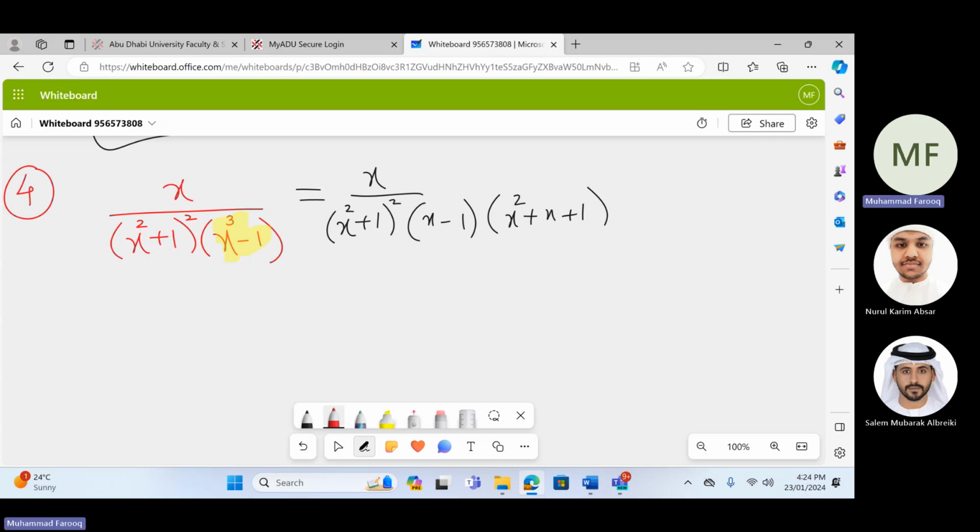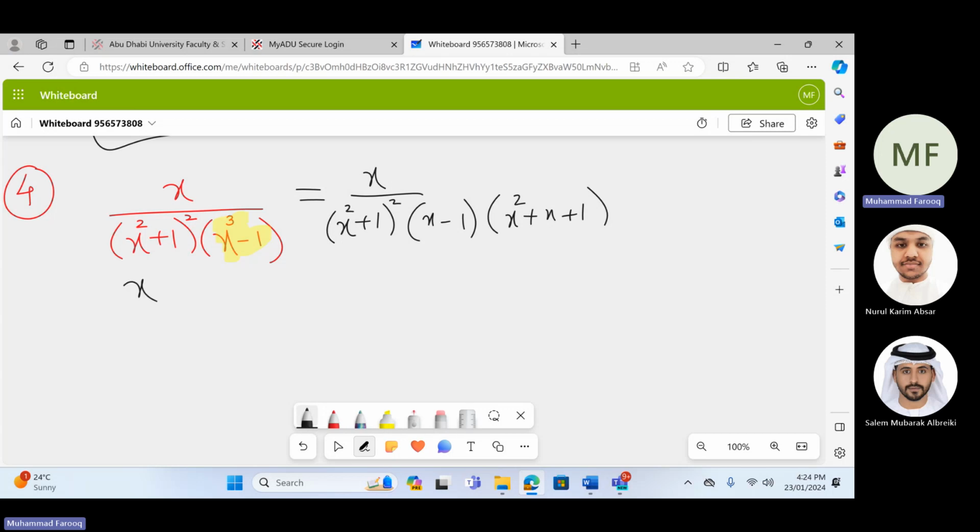But it's quadratic. How many constants do we take for quadratic? 2. When you use a quadratic factor, you use 2 constants. This one linear, how many constants? 1. This one, how many constants? 2. So please now write the decomposition.